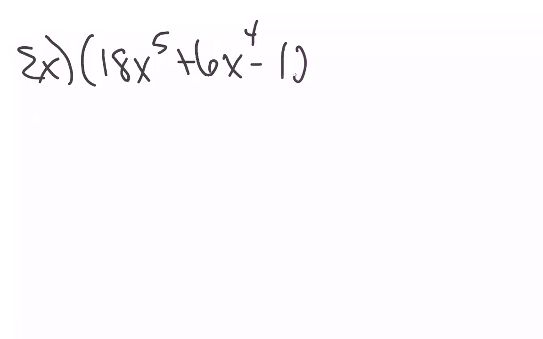Next example, find the quotient, 18x to the fifth plus 6x to the fourth minus 12x cubed, and we're going to divide that by 6x squared.